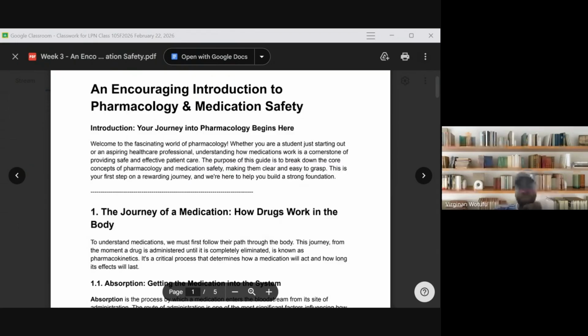After that, we have to look at some safety regulations or key safety aspects when handling medications. And furthermore, we'll look at high alert medications, like what to look for when administering them and the safety precautions to bear in mind. Okay.